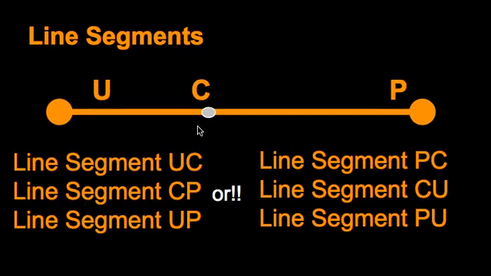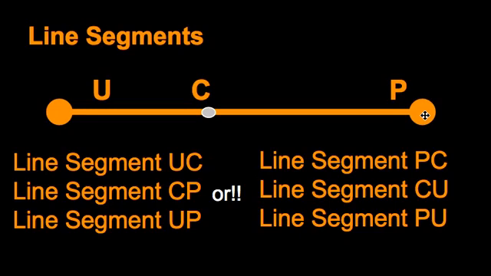Sometimes you can have another point on your line segment, and then all of a sudden you get all sorts of different names. Here are some ways that you could name it. You could name it line segment UC, from U to C, line segment CP, line segment UP.